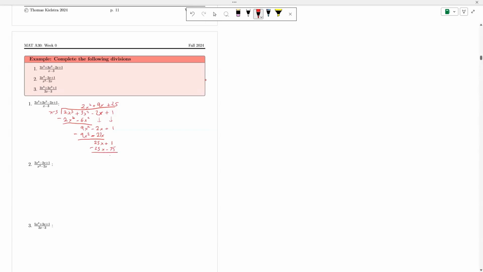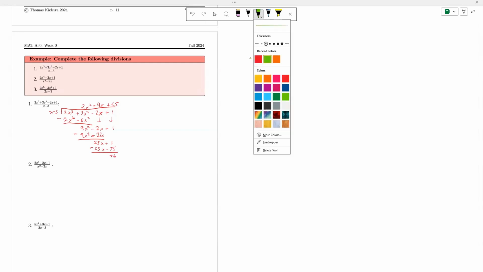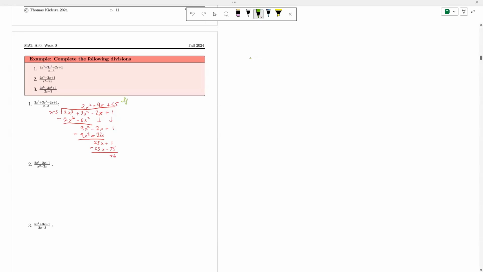When we subtract this, we're left with 76. Remember, this is our q of x, and this is going to be our r of x. So our expression, 2x cubed plus 3x squared minus 2x plus 1 over x minus 3 is equal to 2x squared plus 9x plus 25 plus 76 over x minus 3.